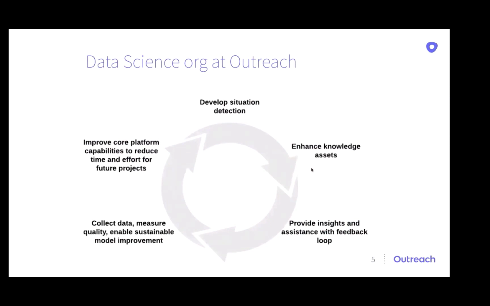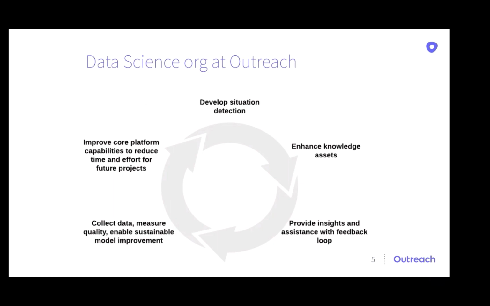This science arc is illustrated by this flywheel. We start and stop with data, which we call a situation here. We collect relationships between people, email, phone calls, calendar invites, etc., as knowledge assets. Then we build models and apply them as insights or assistance to salespeople.